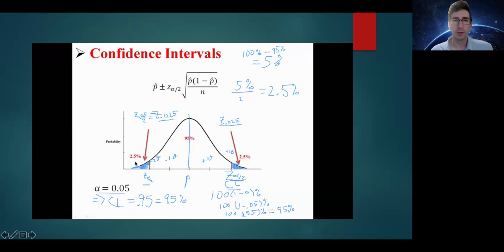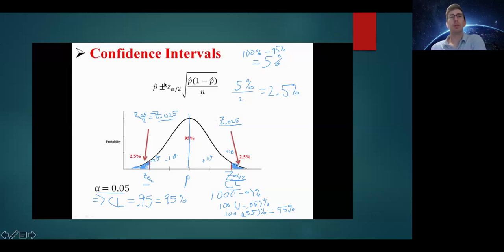The value with 2.5% area under the curve to the left is the exact same as the z-value with 2.5% area under the curve above it. This value will just be negative and this one will be positive, which kind of goes back to the plus and minus, right?